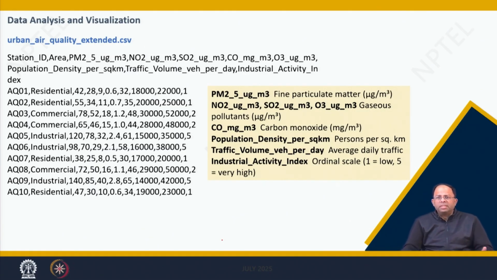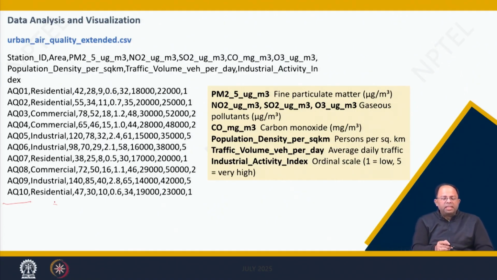Now, to continue with EDA, we will use the same dataset we were using earlier. This is the urban air quality extended.csv file, where we had PM2.5 and certain other gases such as NO2, SO2, O3, for which data is recorded at each air quality recording station. This varies as per the different areas, that is, what sort of land use there is: residential, commercial, industrial.